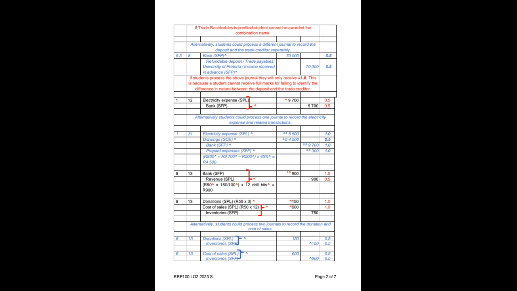Now, because we don't know how much of the electricity is going to be prepaid at the end of the month, we can't split the payment of 9,000 Rand for electricity between the prepaid amount versus the amount that will be expensed. So what we do is we send all of the payment to expenses, because we might actually use up all of it. So it makes sense to recognize it based on its actual form.